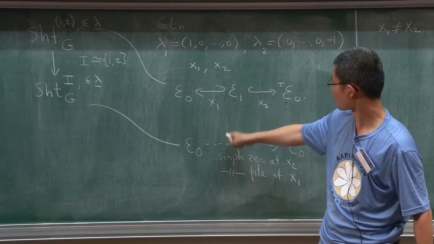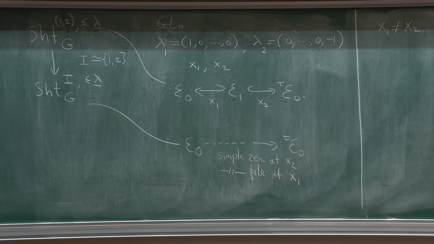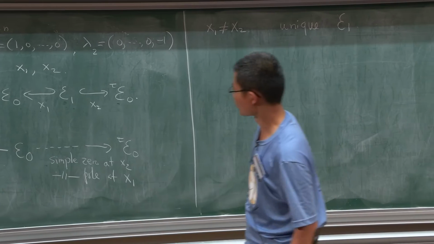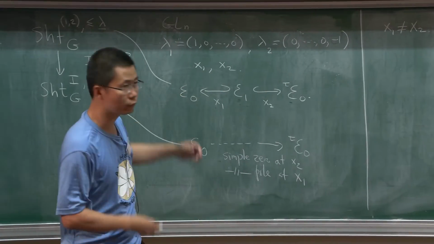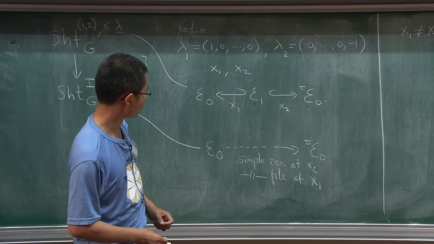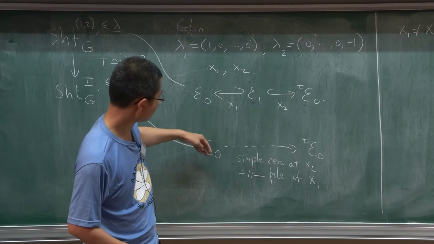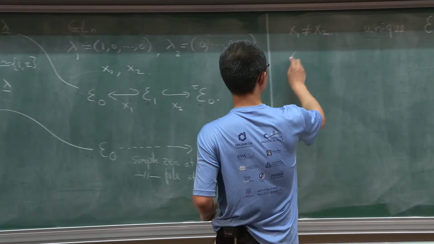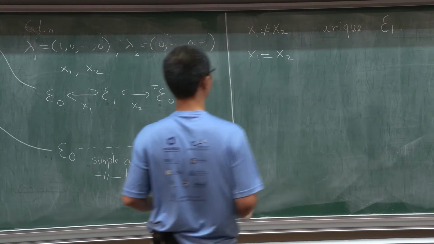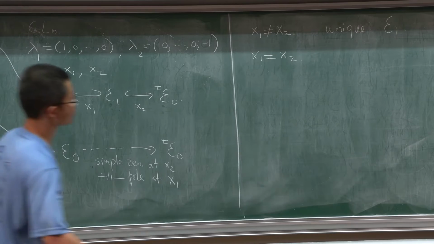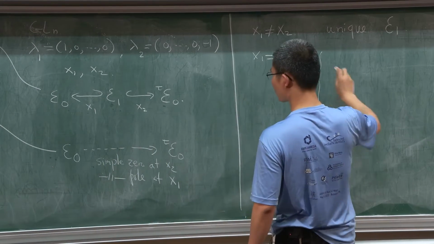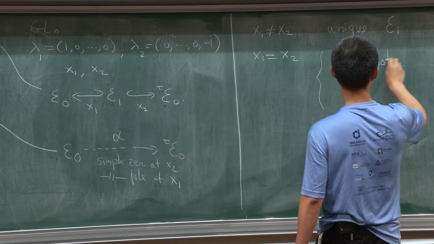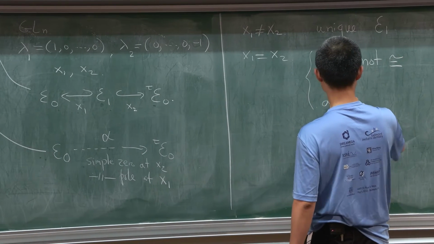If it comes from such a thing, then this middle guy can be recovered, because modifying your bundle at 2 different points can be done separately and in any order. When x1 is equal to x2, there are 2 cases. Either the map alpha is not an isomorphism, or it is an isomorphism.